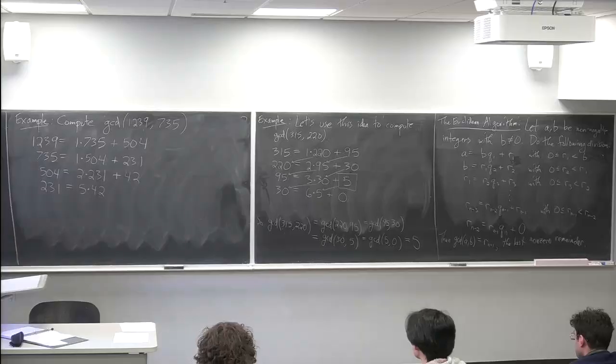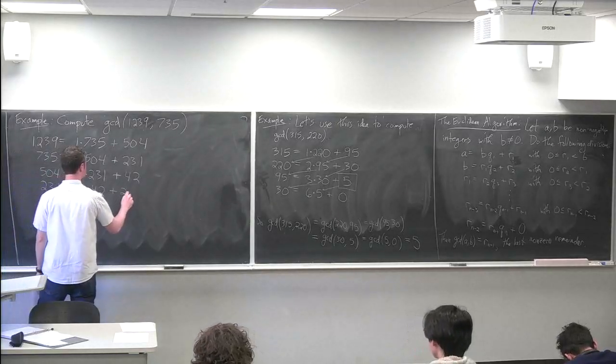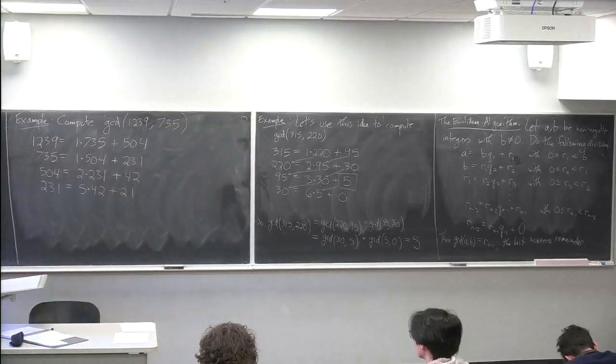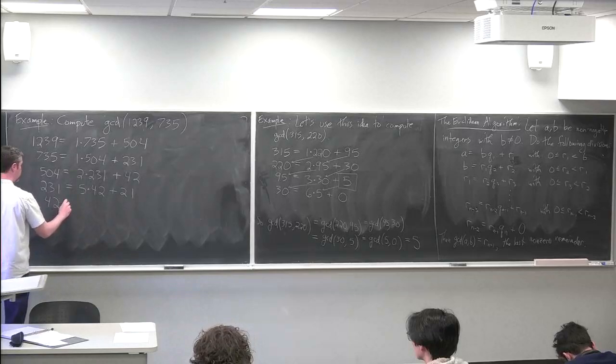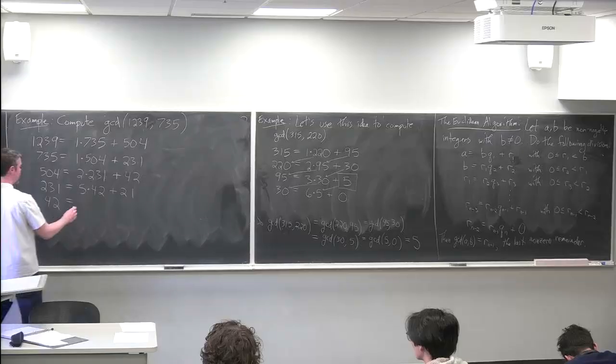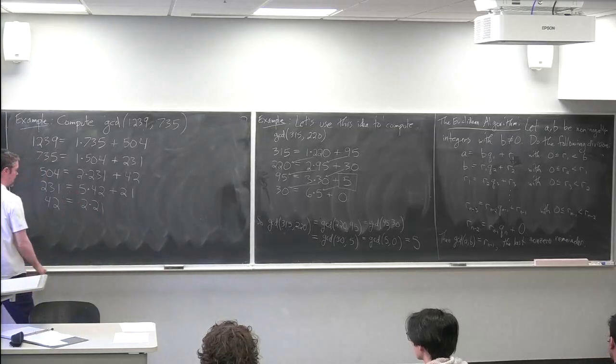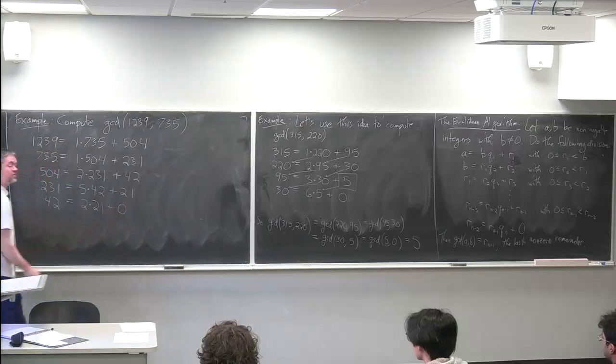That's 210, which means we have 21 left over. Then the next step would be to take 42 and divide 21 into it. So 21 goes into 42 evenly, twice, and that's it. Nothing left.